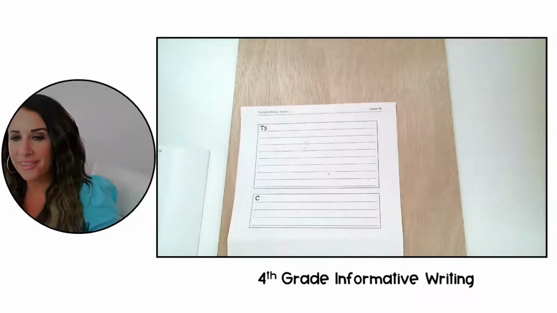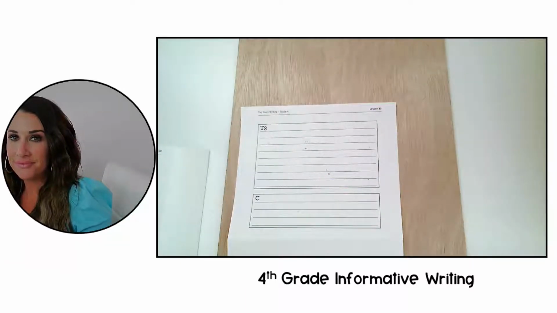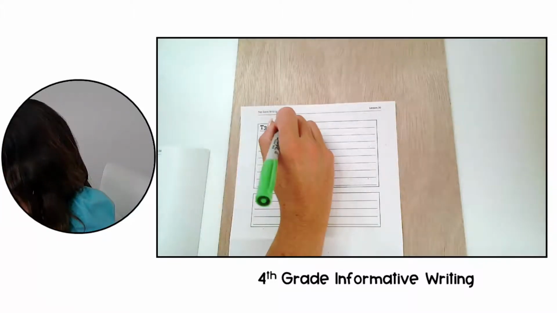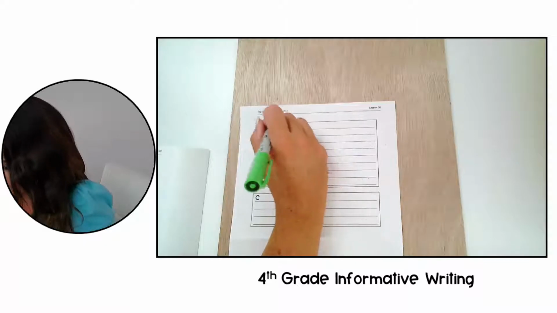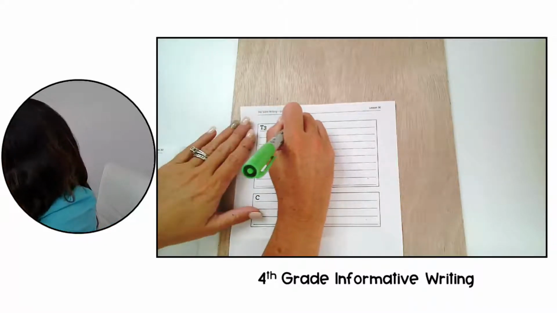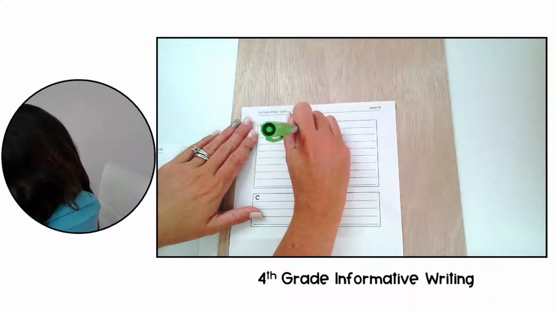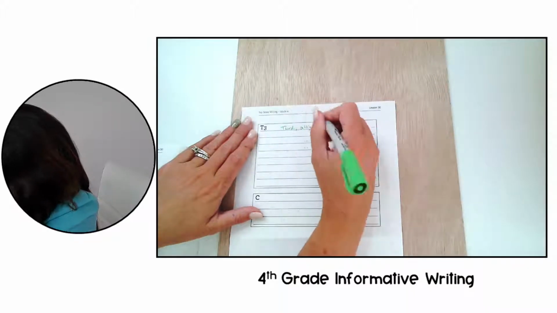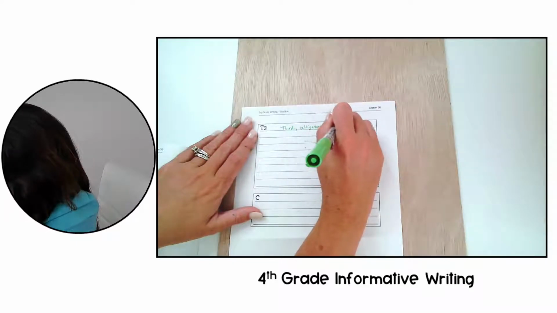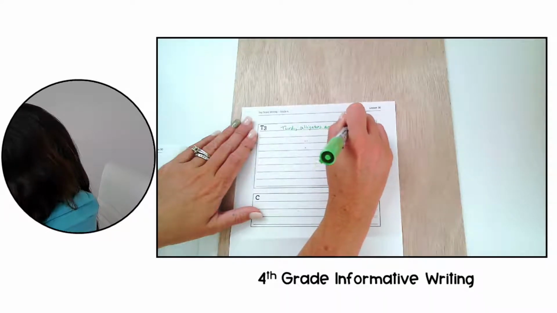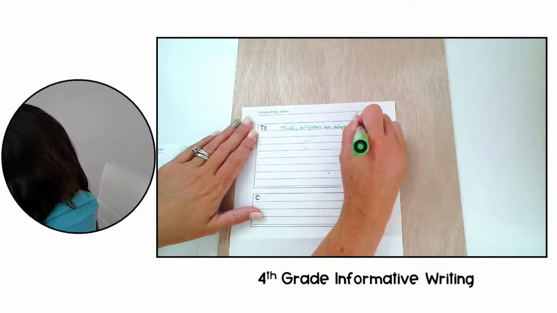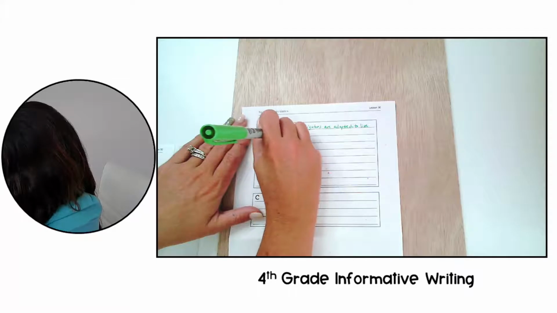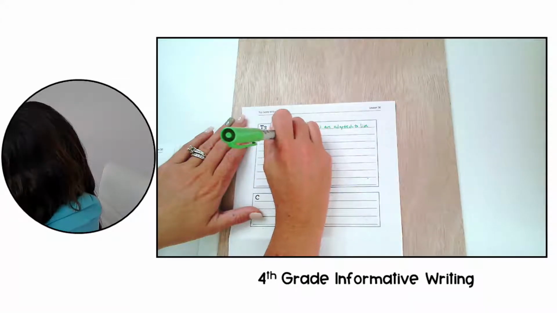What do I start with? Transition word, and I have to indent too. So I'm going to say 3rd, comma, alligators are adapted to live in various habitats.